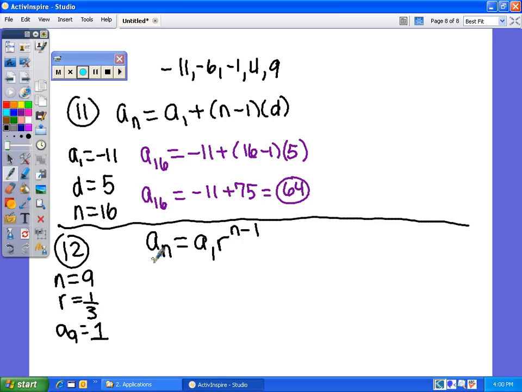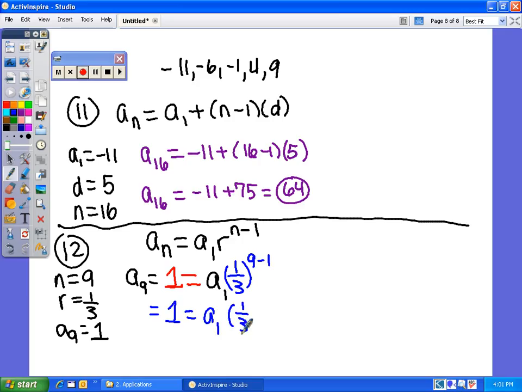So now a sub 9 goes in this area. Now, since n is equal to 9, we're going to do 9 minus 1, which is really 8. Now, the only way to get a sub 1 by itself is to divide both sides by 1/3 to the 8th power.